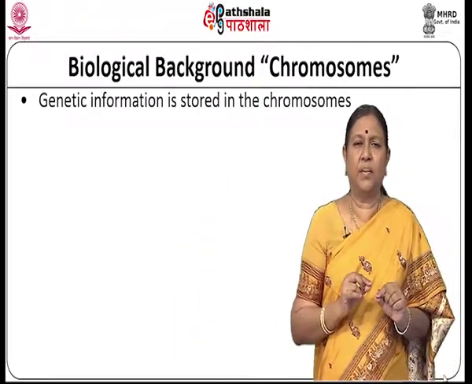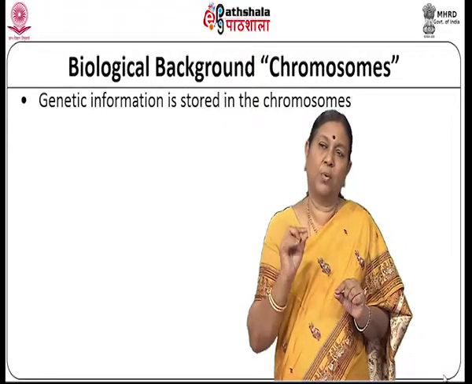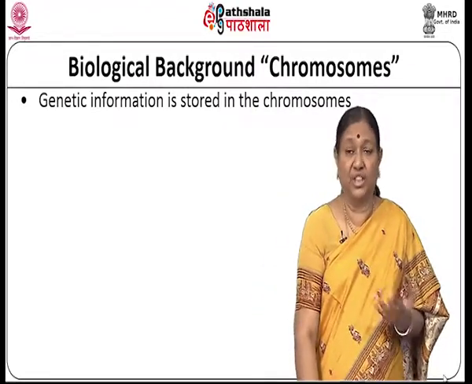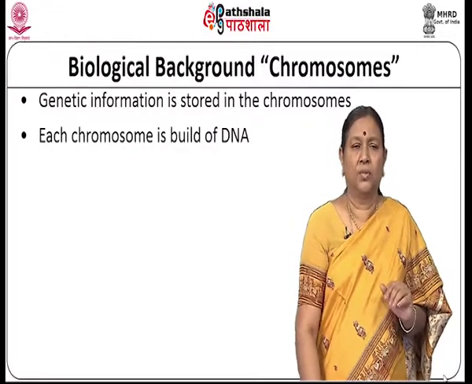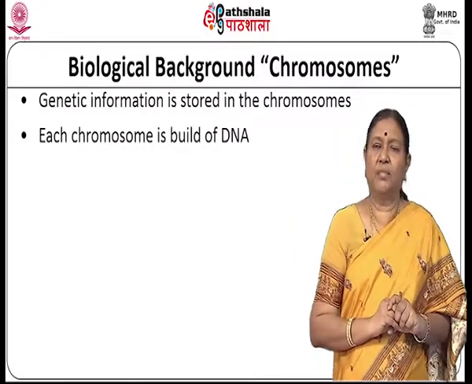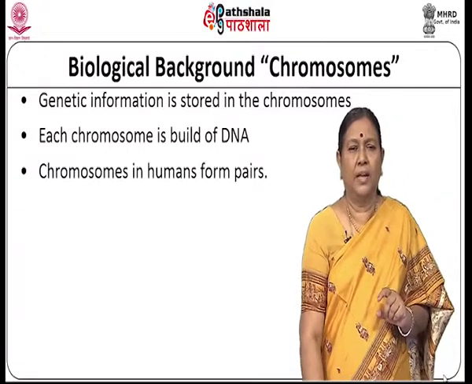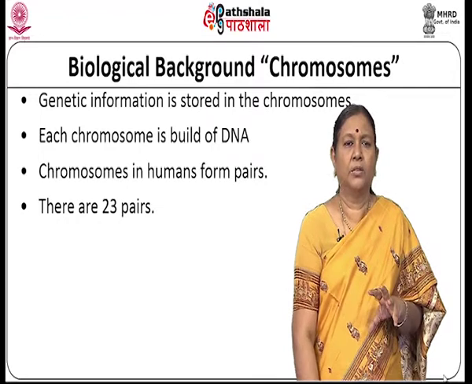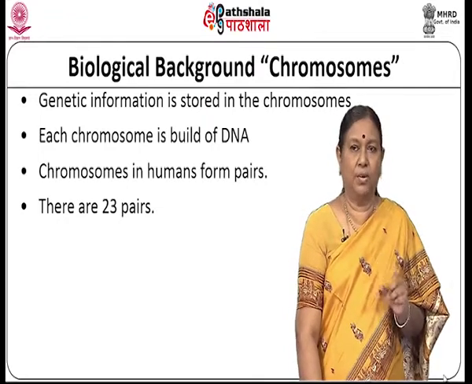The genetic information is stored in what are called chromosomes, and genetics decides a lot of factors for us in nature, in humans. Each chromosome is built of DNA, and chromosomes in humans form pairs. There are 23 such pairs in humans.